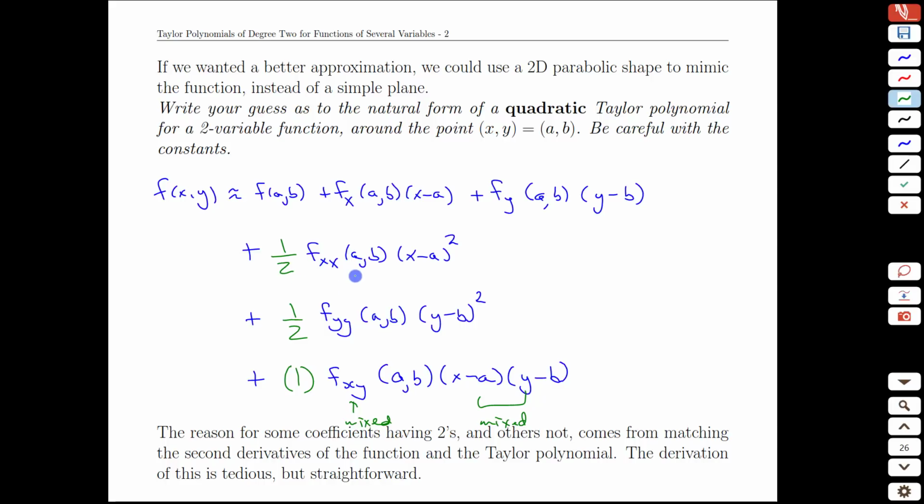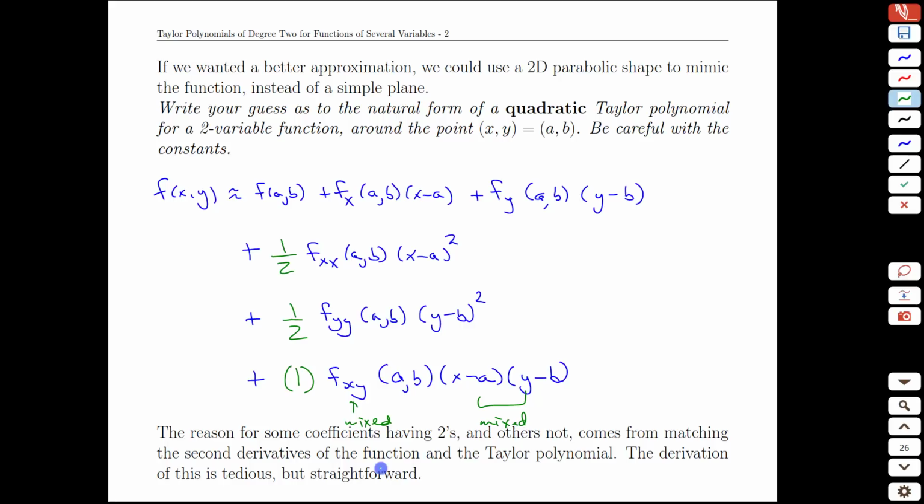If you want the short version of why that occurs, think about differentiating this term here. You'd get a 2 down, and we put this 1/2 in essentially to cancel that 2. We differentiate this, the 2 comes down, we'd cancel the 1/2. When we have the mixed partial derivatives, there's no 2. We just get two 1s as we differentiate, and so we don't need to cancel anything, so there's a 1.